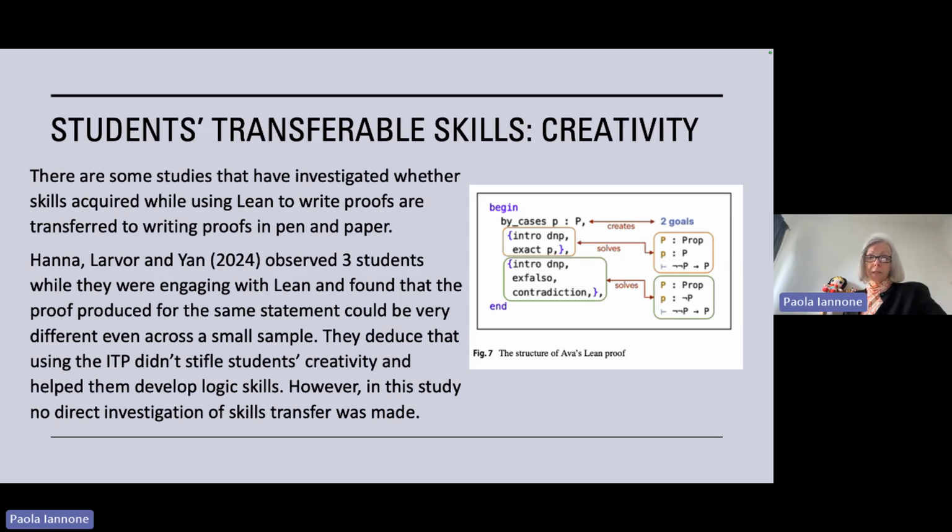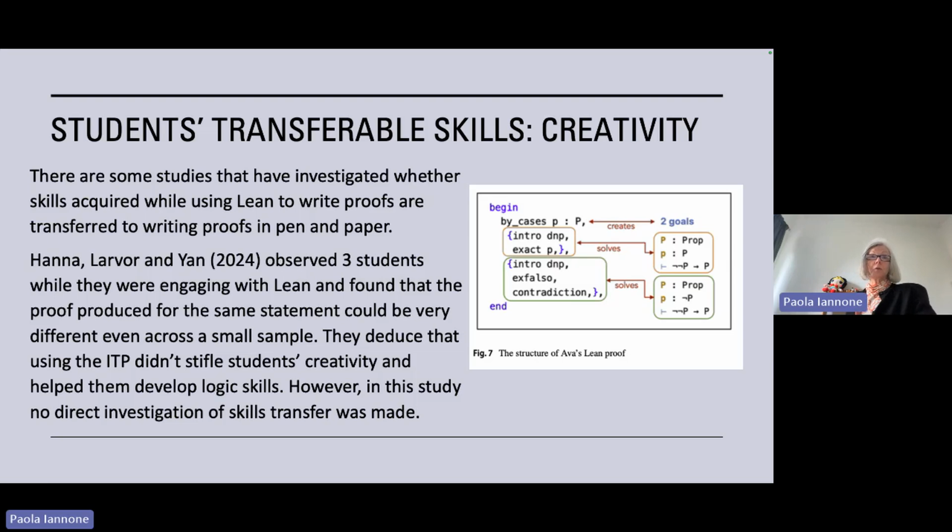And what I observed is that even using this system, which may seem very fixed, doesn't stifle students' creativity in trying to put together proofs, which could be a really good thing. Students often think that there is one way of proving one thing, and that's the way that we do it. This system seems to be encouraging students to think in slightly different ways.